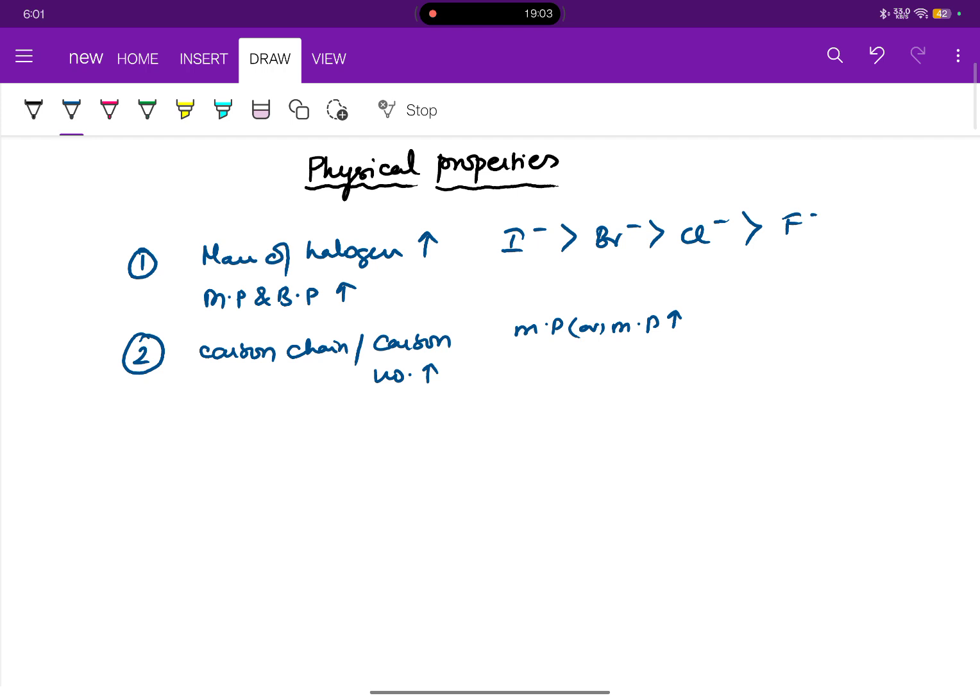Like, if the number of carbons increases, the mass increases. So both of them are same, right, sir? Yeah, both are going to be the same, but they are different points, right? So melting point or boiling point will increase whether the carbon mass increases or the halogen mass increases.